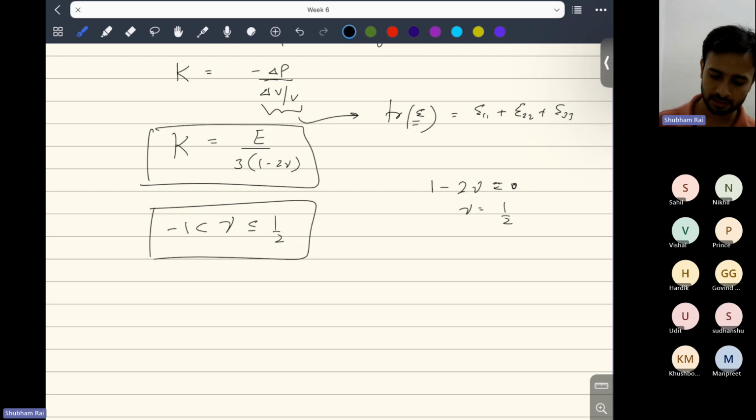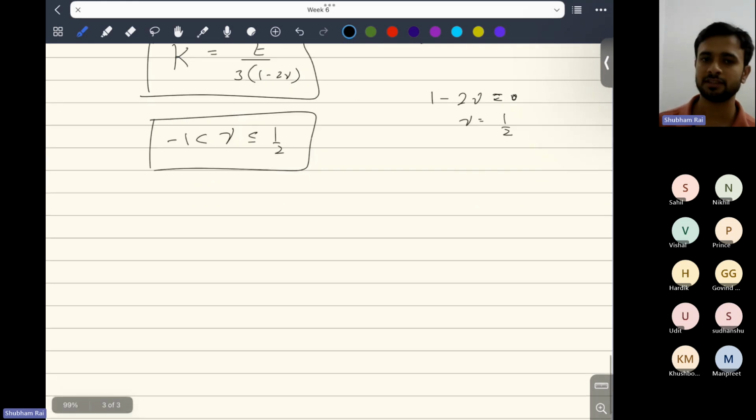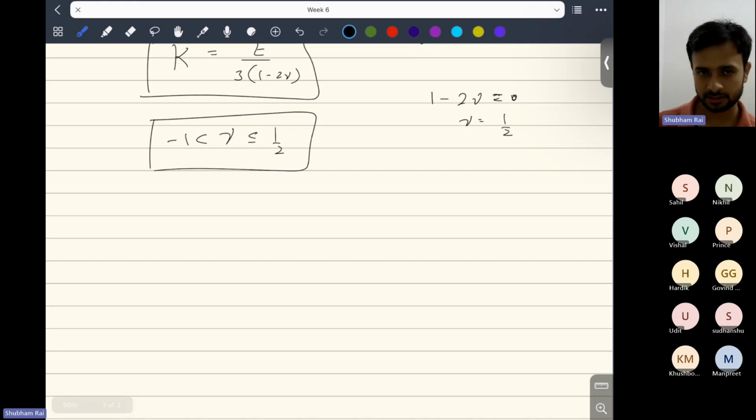Now you can have linear elastic transversely isotropic material as well. In the lectures I have told about transversely isotropic and orthotropic material.